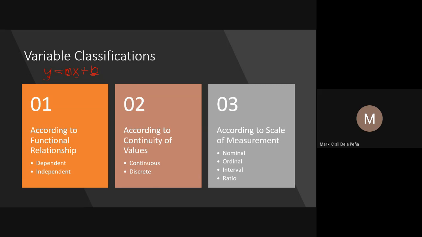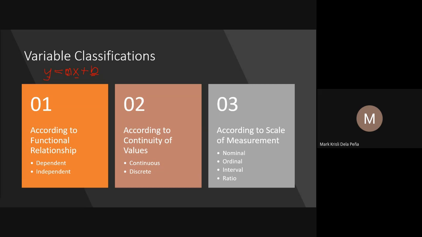For example, your age. We round our age, except if we want to get the exact age. Commonly, if you are asked your age, you'll answer 18, 19. You don't answer 18.5 or 19.01. So based on your answer, if you answer 18, 19, 20, that can be considered a discrete variable.